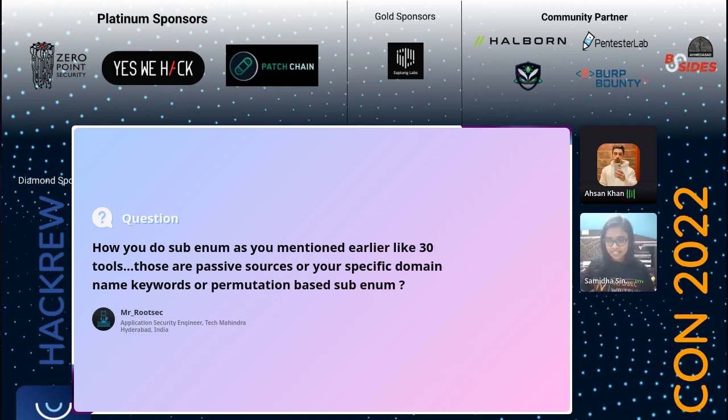So his question was how do you do subdomain enumeration, as mentioned earlier, with 30 tools. Are those passive sources or specific domain names, keywords? I use every kind of tool. I also run some tools which brute force subdomains. I use tools like ngrok and the common ones.